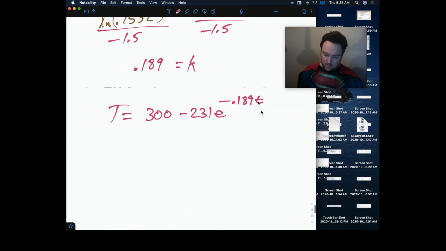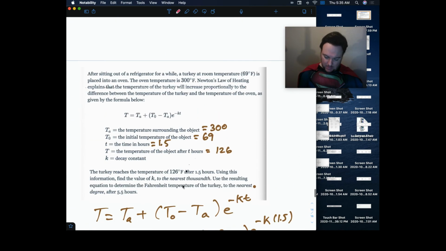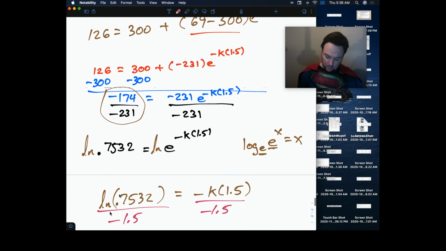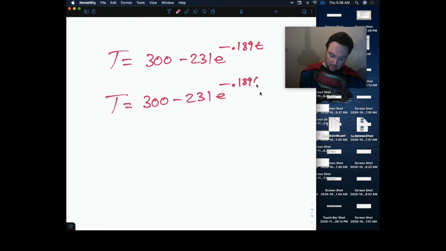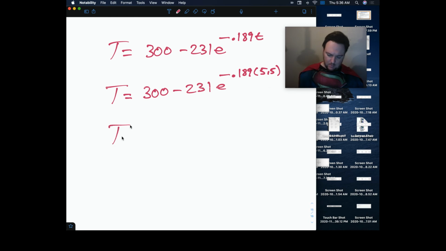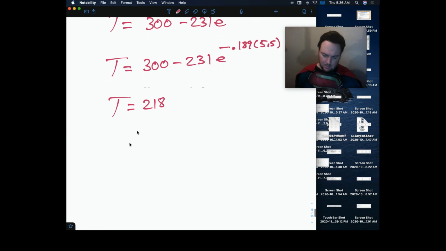And this is T. And then they ask us, what is it at 5.5? So now what I'm going to do is rewrite the same thing and plug in 5.5. All right, so when I solve this, I got 218. Okay, and that's going to be my answer.